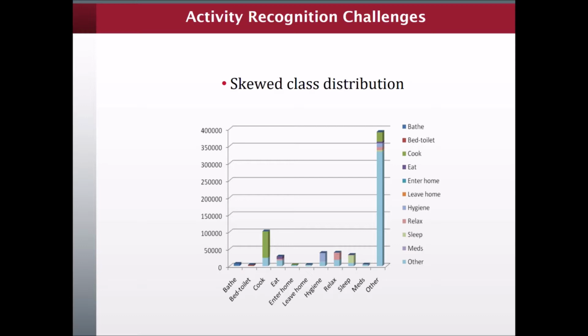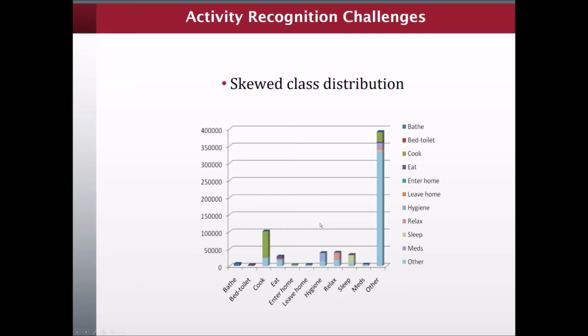Because there are so many varied activities that people perform outside of these defined categories, much of the actual data tends to fall into the other category, making it a much larger set than the predefined categories. And even among the predefined activity categories, there's a fairly uneven distribution.